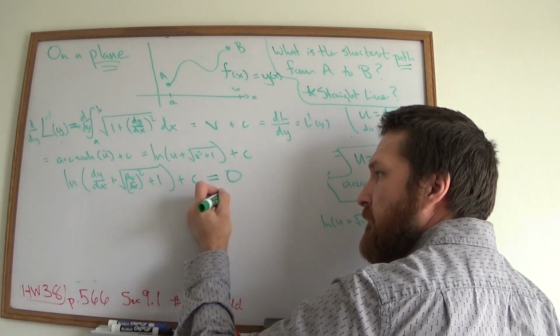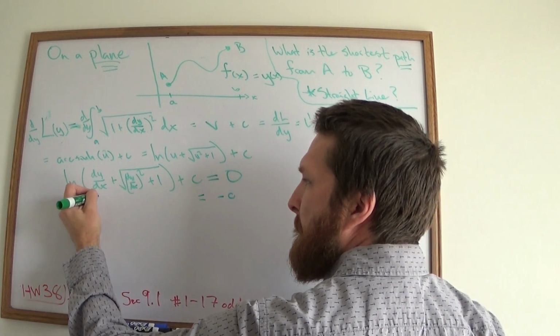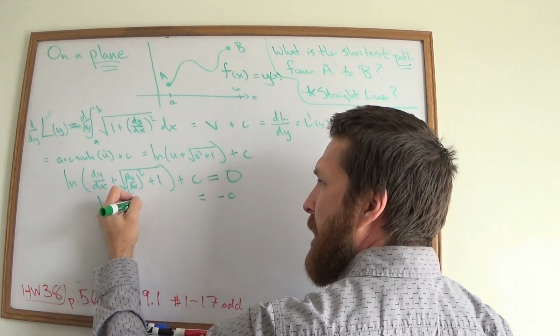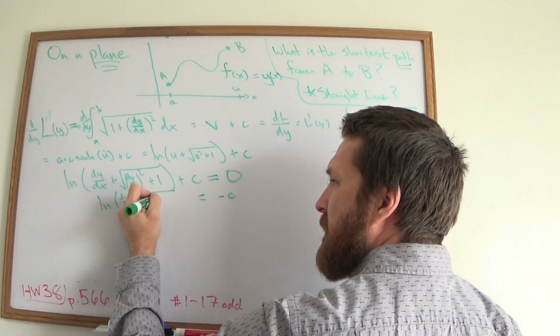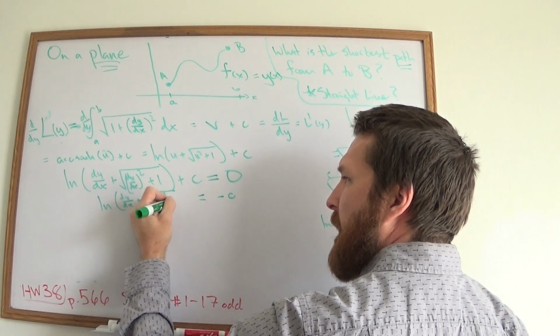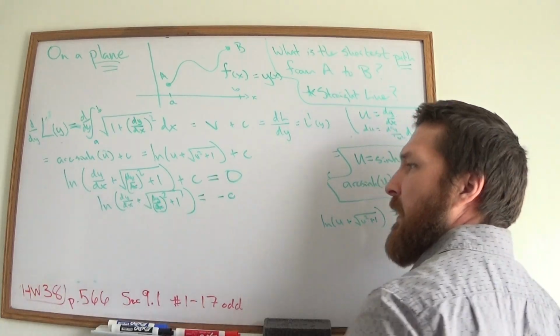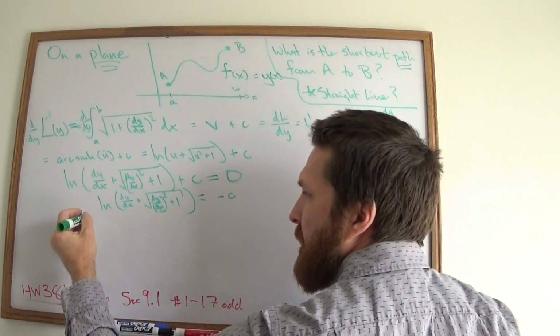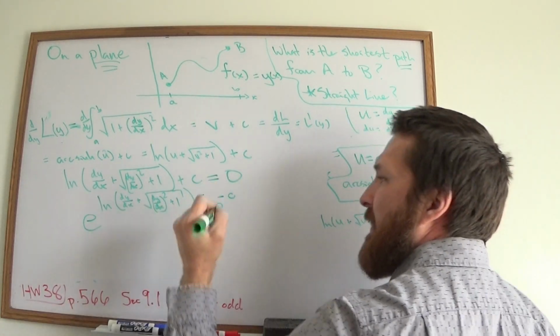Let's get them over on one side. It looks like all is lost, really, but all is not lost. This is going to work out. Okay, how do I get stuff out of log? E to the stuff. So I'm going to go e to this stuff, e to that stuff.